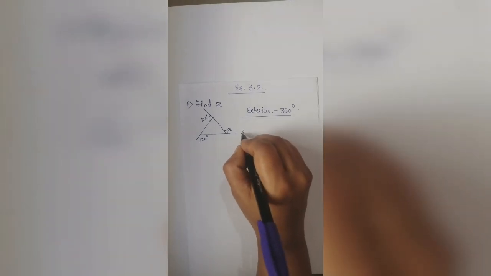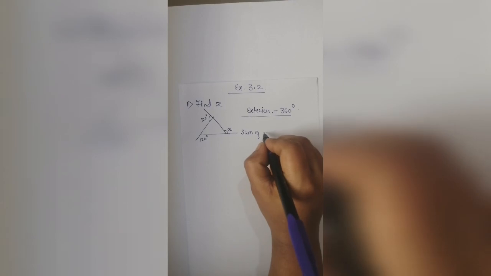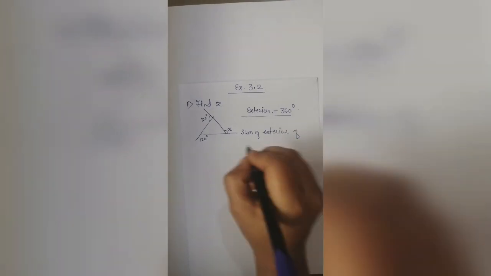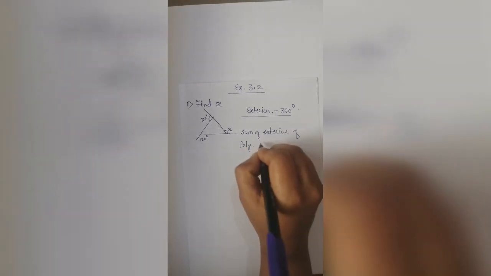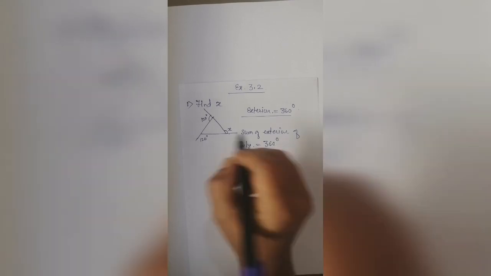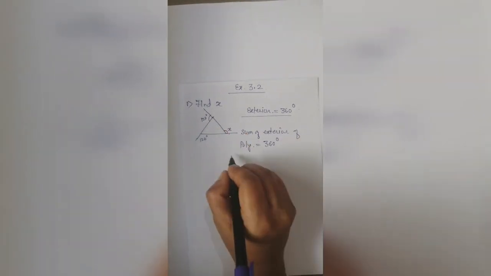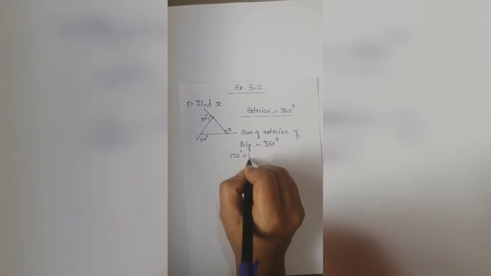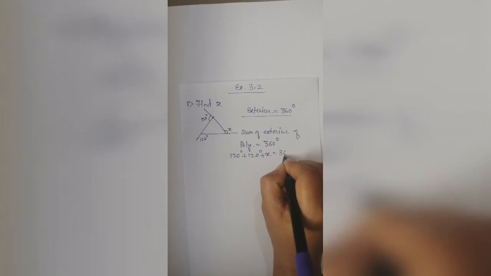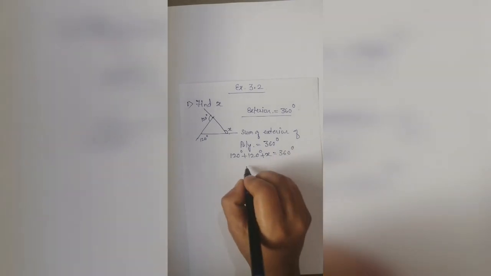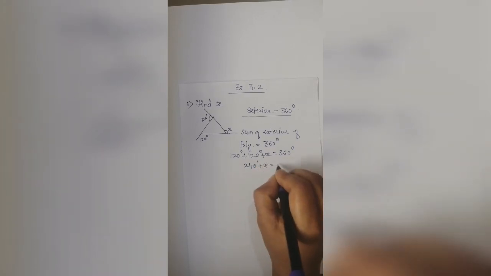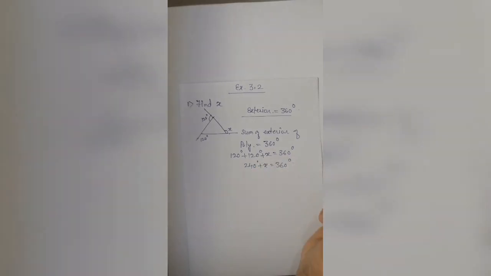Okay, so here the sum of the exterior angles of a polygon, you can use a triangle also, is equal to 360 degrees, because here a triangle is given. 120 plus 120 plus X is equal to 360 degrees. 120 plus 120 is 240, plus X is equal to 360 degrees.